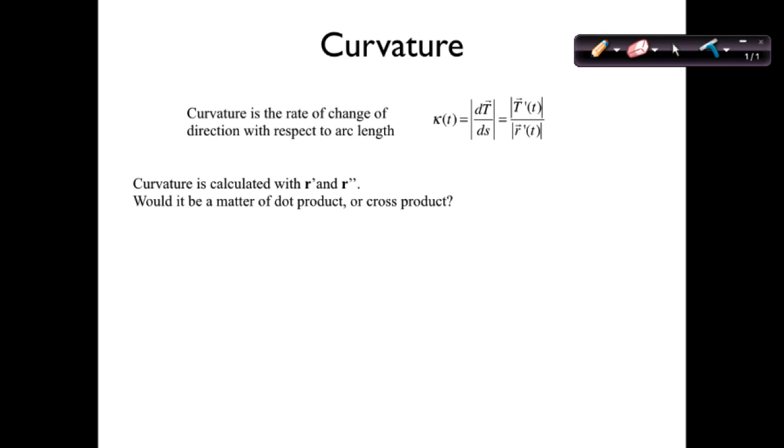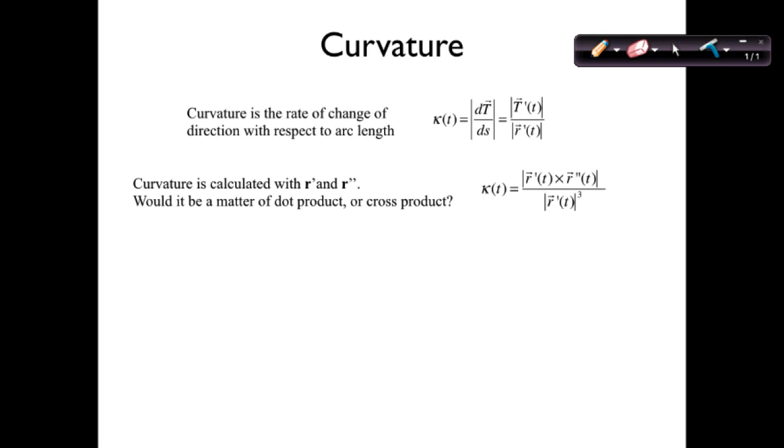So would that be a matter of dot product or cross product? Could you know this at this point? Why are you saying dot? Because we use dot to project vectors onto vectors. I'm thinking it'll be useful for curvature. I don't know if you can know this at this point.